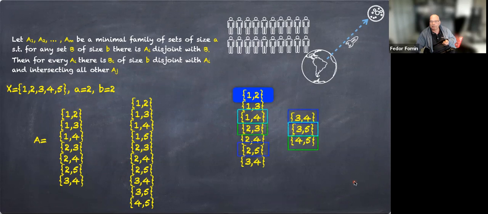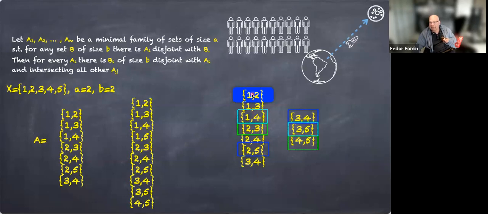But now for the set 3, 4, there is also the set 2, 5, which doesn't intersect it. For the set 3, 5, there is also the set 1, 4, which doesn't intersect it. And for the set 4, 5, there is a set 2, 3, which doesn't intersect it.